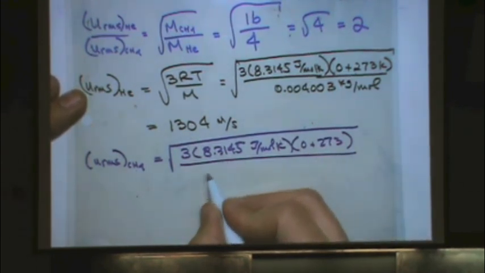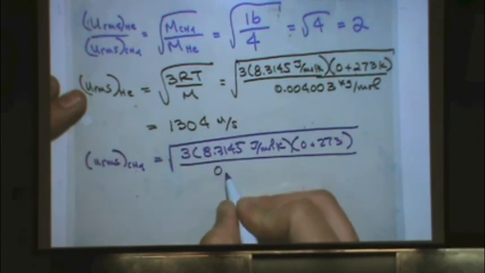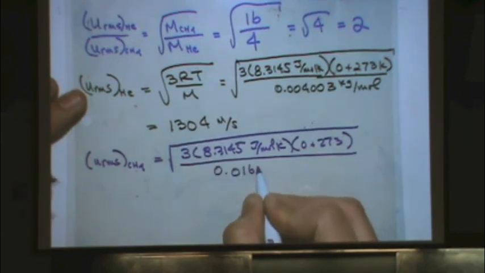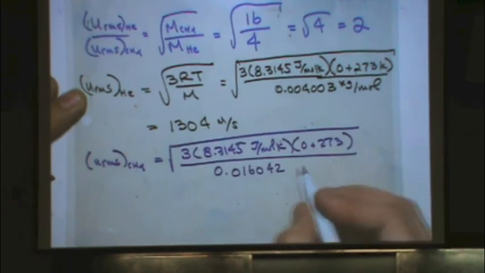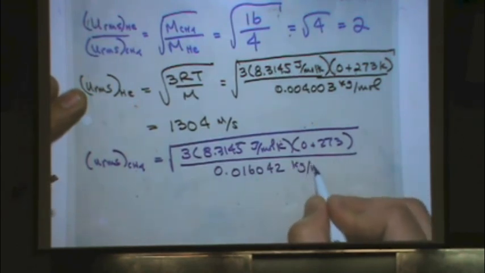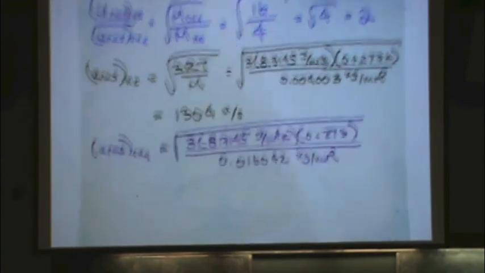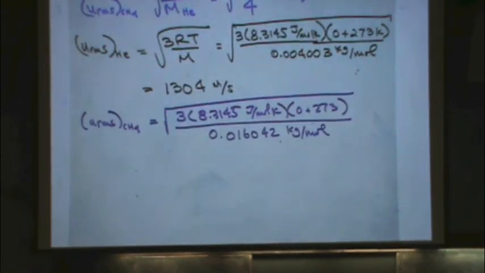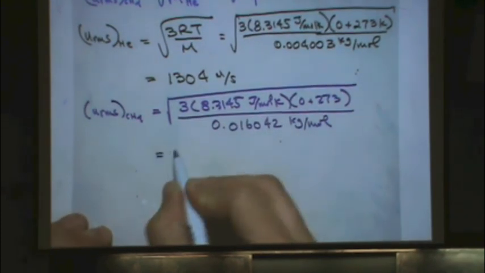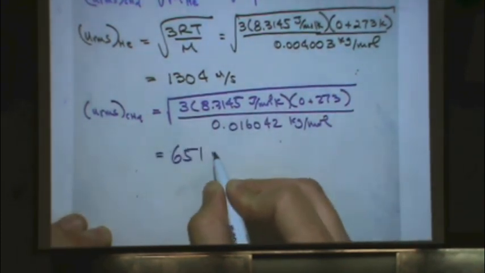Again, I have to divide by 1,000. I just used a lot of digits here, kilograms per mole. So from the periodic table, just got to divide by 1,000 to change it to kilograms per mole, not grams per mole. I got 651.